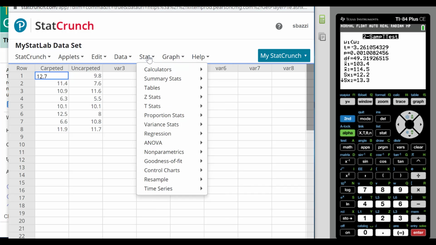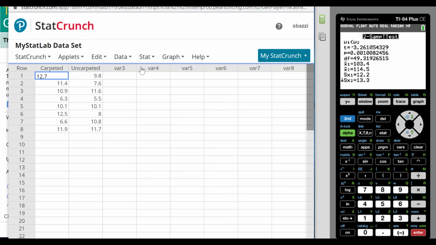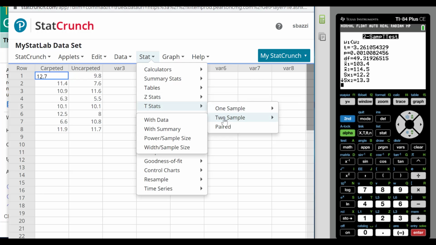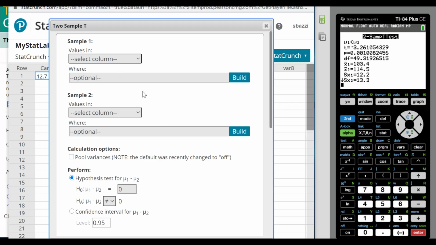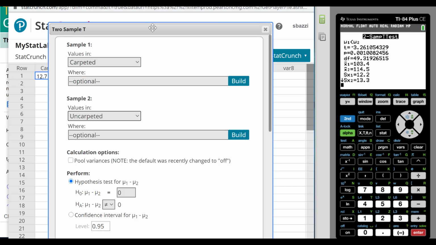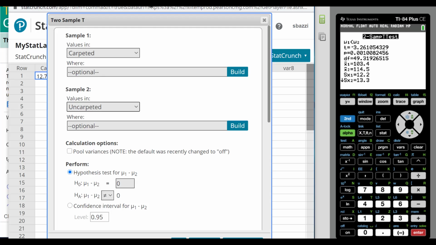Okay, so we go to stat. It's T. So mostly T, guys, in this course. T stats. Not one sample, it's two sample with data. First one is carpeted. Second one is uncarpeted. And what are we testing? We're testing that the mean of carpeted is more than the mean of uncarpeted.